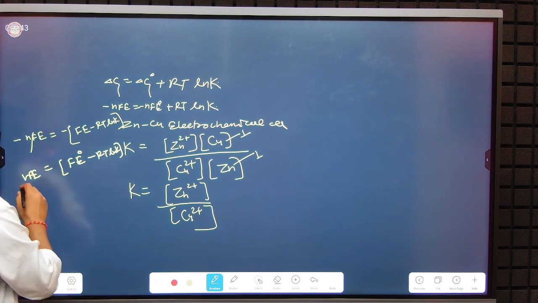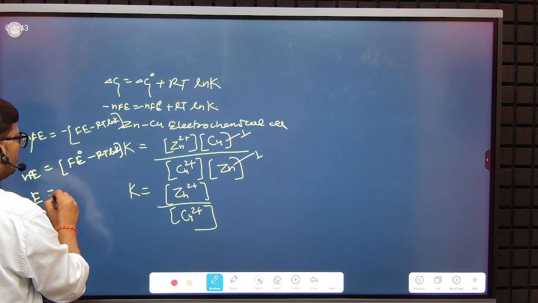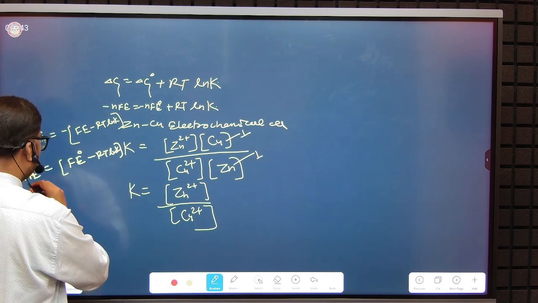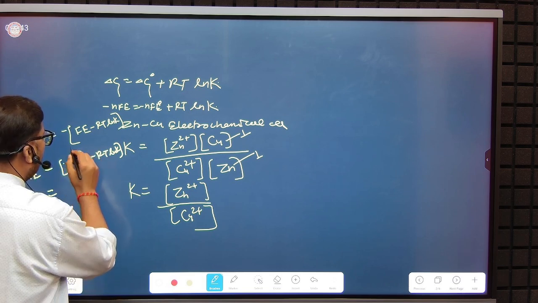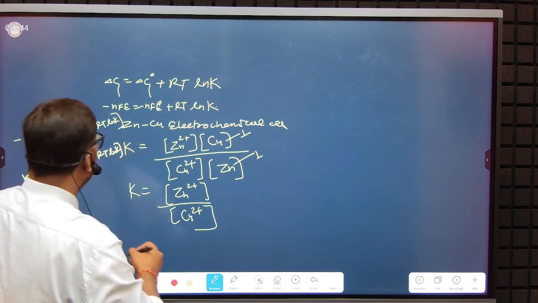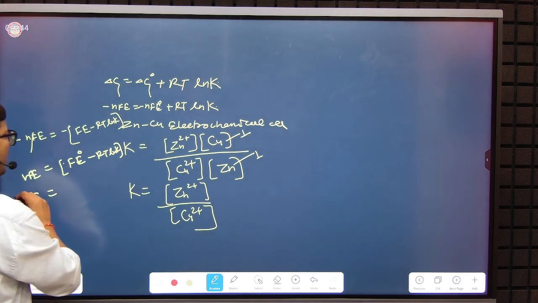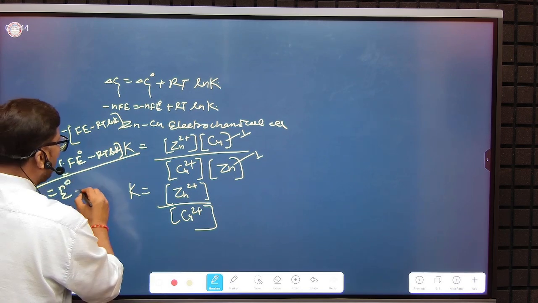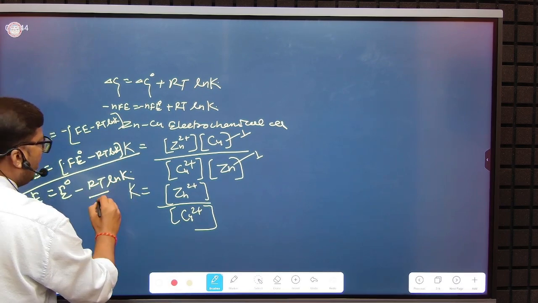So if you divide both sides by nF, then E is equal to, and here this is your n, right? This is the fundamental equation. Actually, overall we can write E is equal to E naught minus RT ln K upon nF.